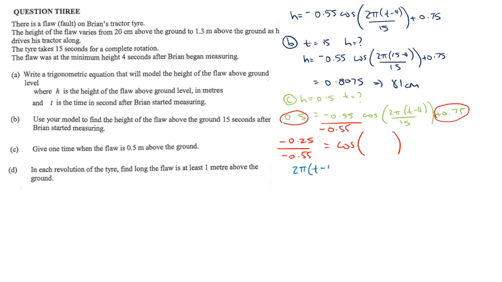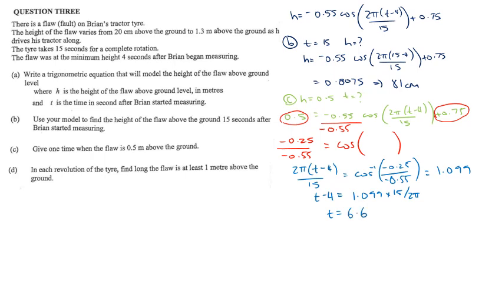2 pi (t minus 4) over 15 equals the arc cosine of negative 0.25 over negative 0.55. That gives me an answer of 1.099. So t minus 4 is 1.099 times 15 divided by 2 pi, and t is just 4 added on to that, which gives me an answer of 6.6.